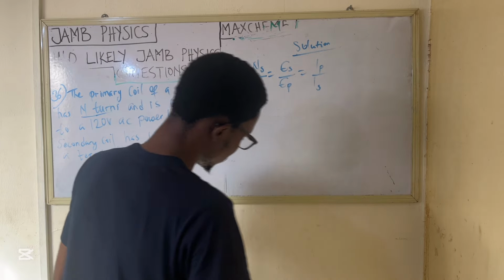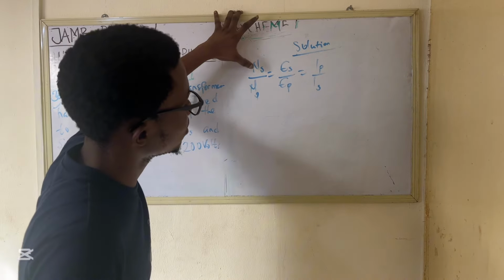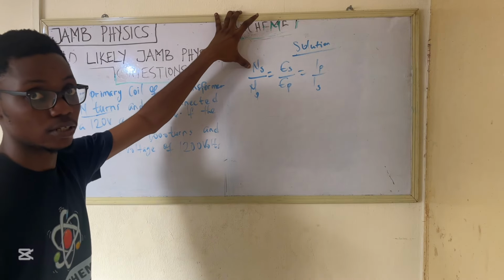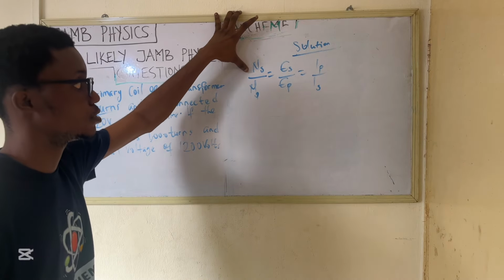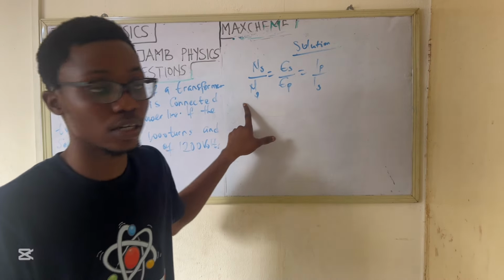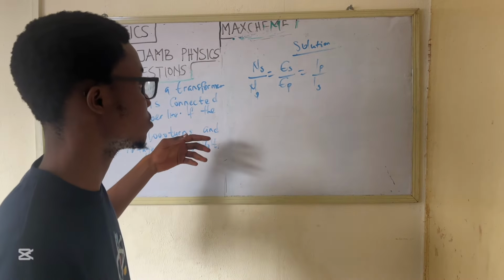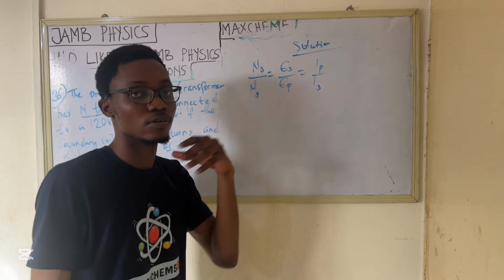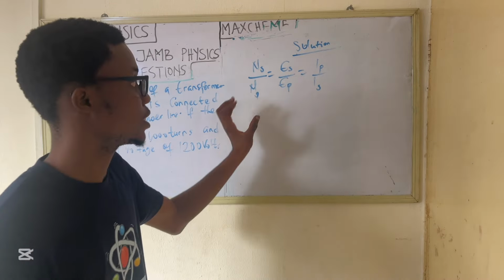Now this is just to tell us that the number of turns in the secondary transformer is greater than the number of turns in the primary transformer.